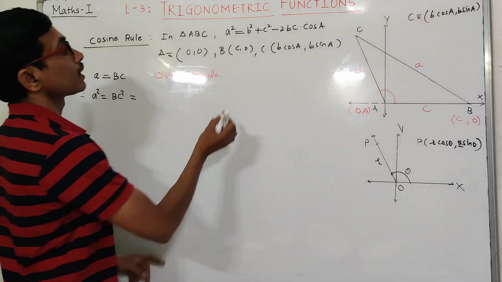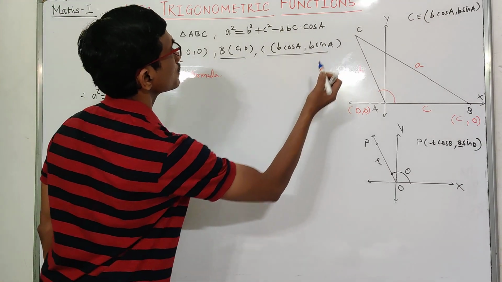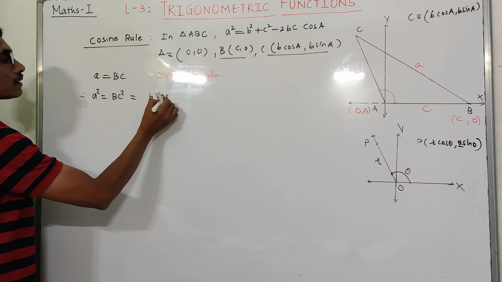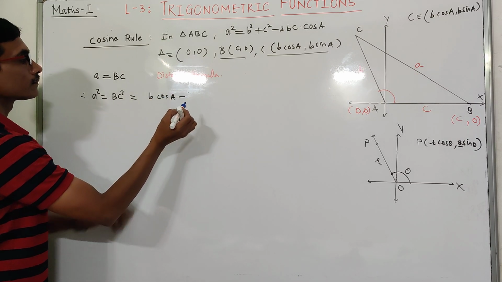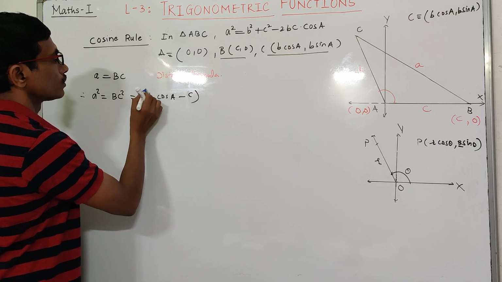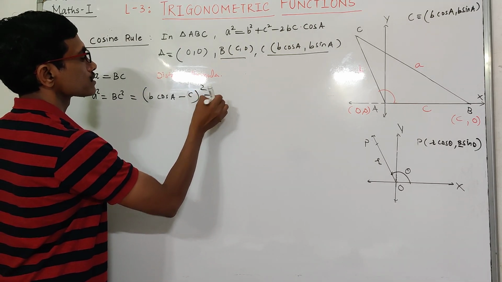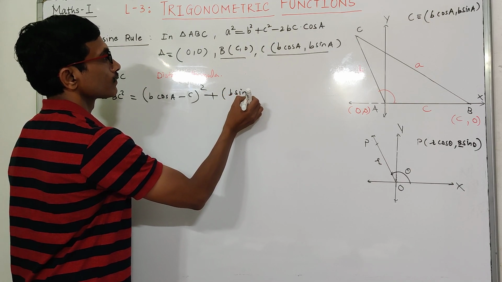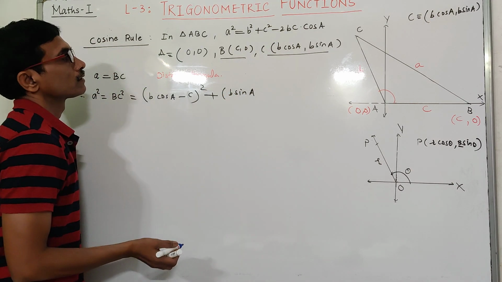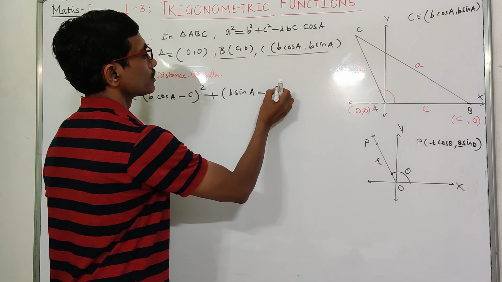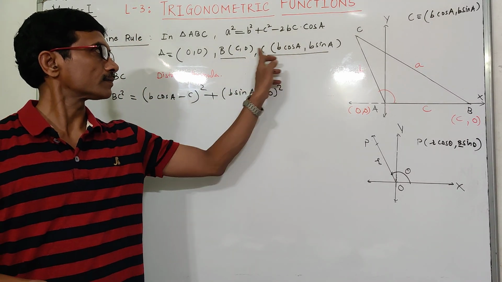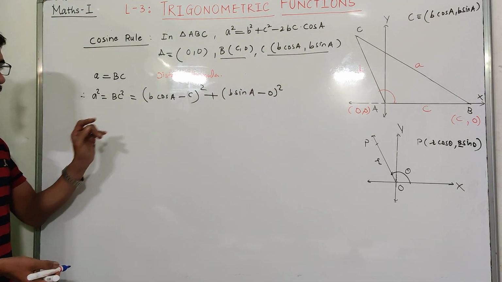So for BC, coordinates of B, coordinates of C, we use the distance formula: b cos A minus c whole square plus b sin A minus 0 whole square. So x1 minus x2 square plus y1 minus y2 square, that is the distance formula.